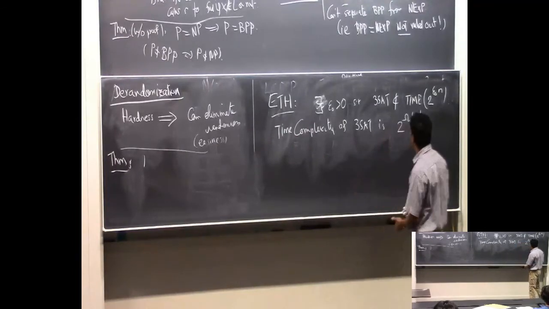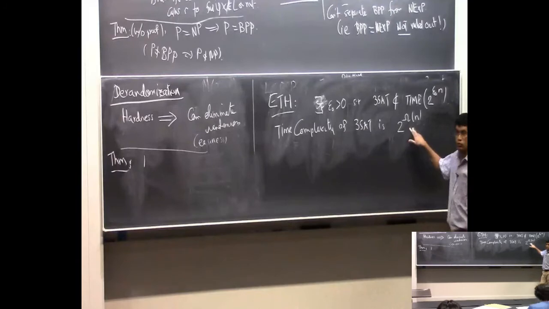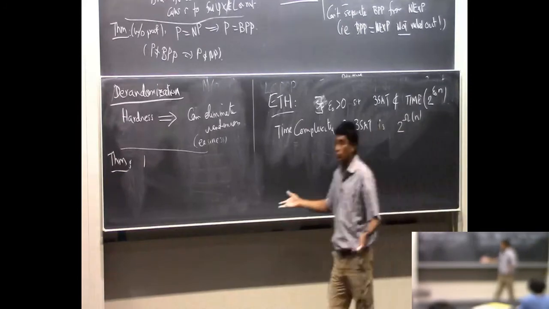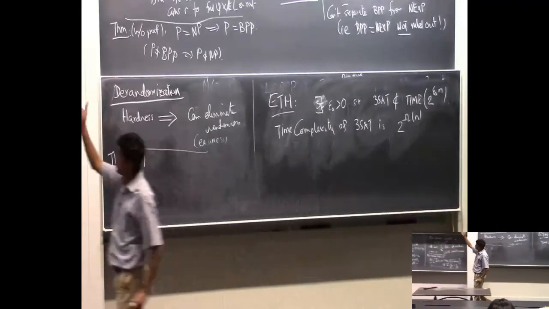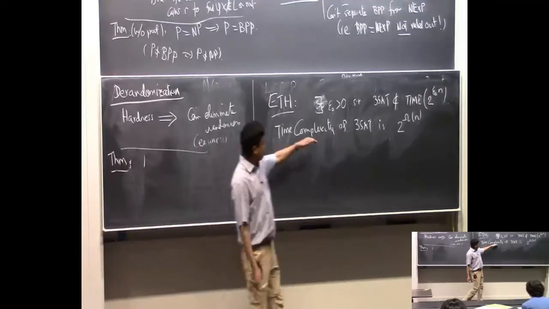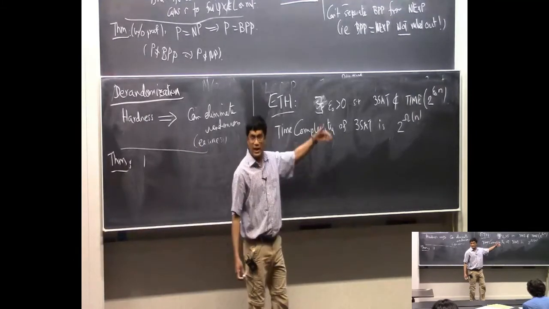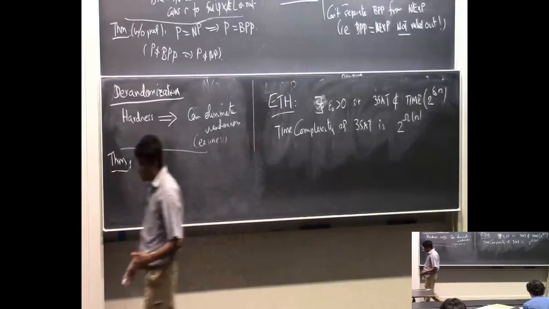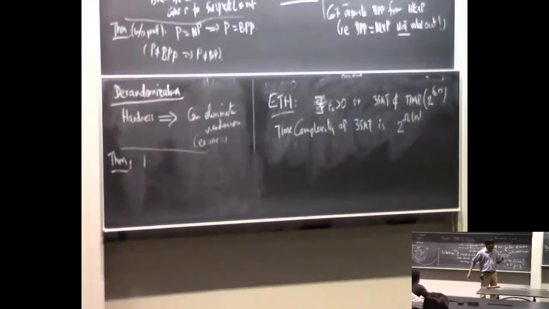Note that if you have an algorithm running in time 2 to the root n, then you also have a circuit family of size 2 to the root n, because, as I said, you can take a Turing machine and compile it into a circuit by just blowing up the time by a quadratic factor. So 2 to the root n squared is also 2 to the 2 root n, which is also 2 to the order root n. So certainly, if ETH is false, then you will have small circuits as well. So the stronger assumption is that it actually requires big circuits.